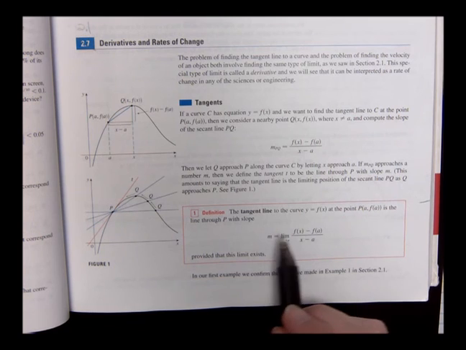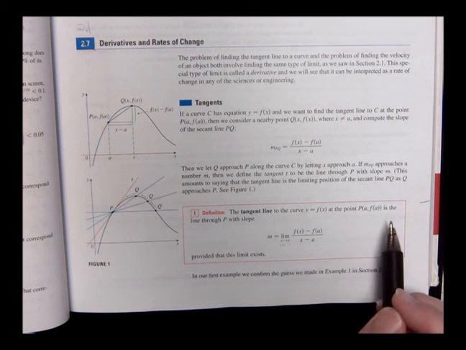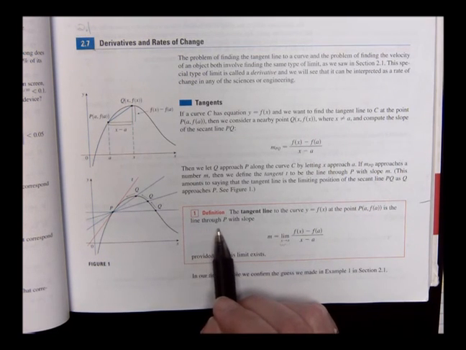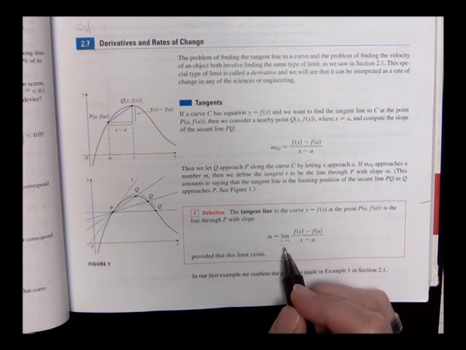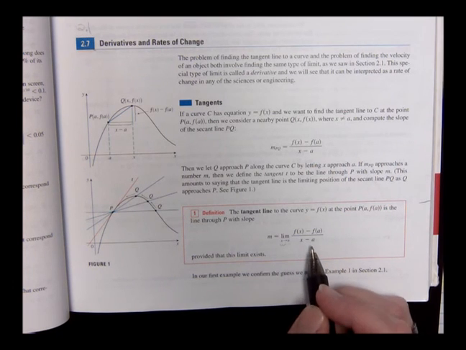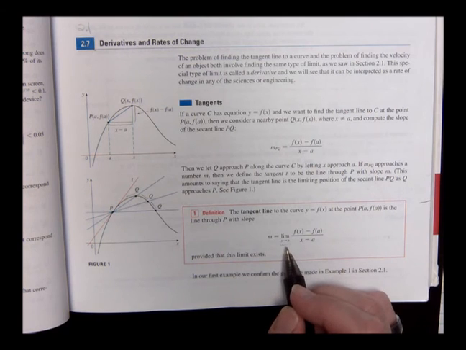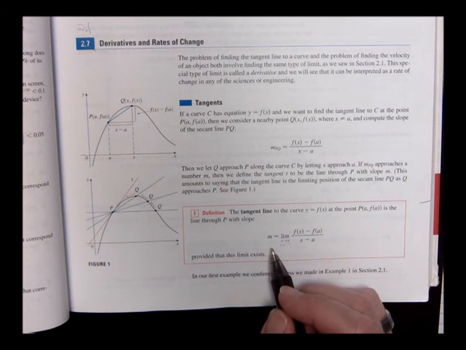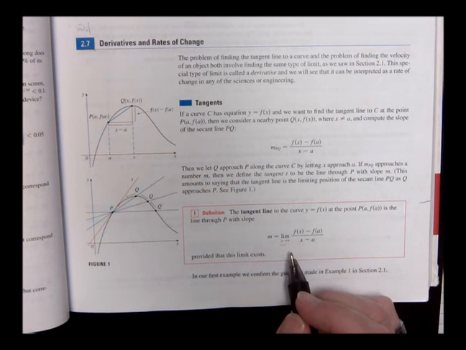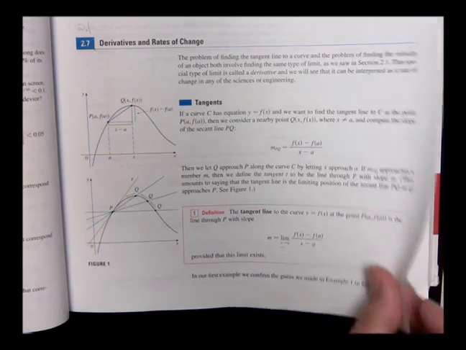Now, for the tangent line to the curve at the specific point P, if I combine a limit, what we just learned, with that slope formula, then I get closer and closer and closer to that value. I then can find my slope or my rate of change by using limits, provided that the limit exists, of course.